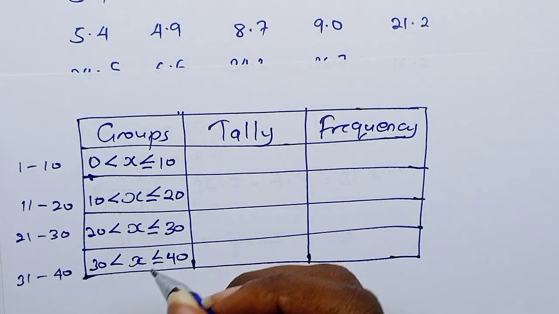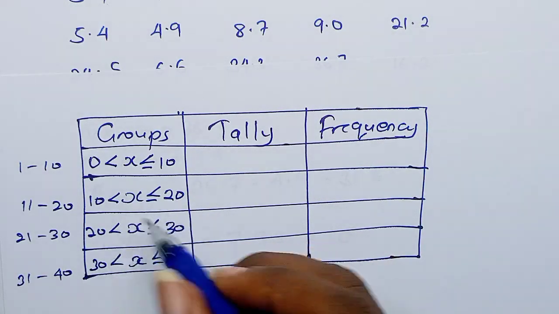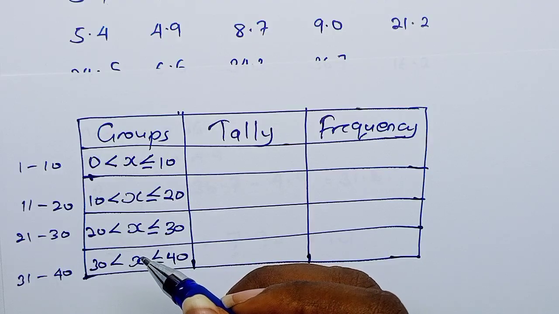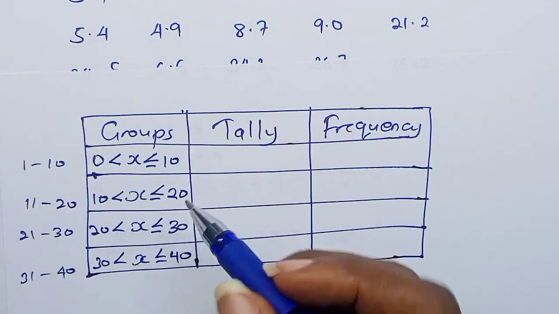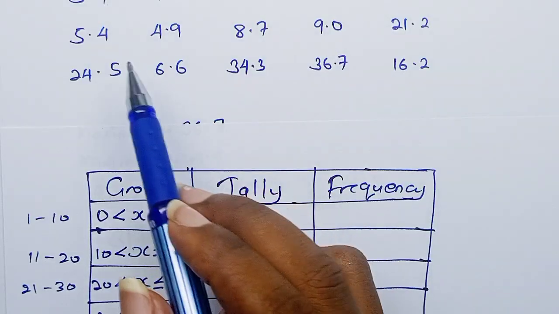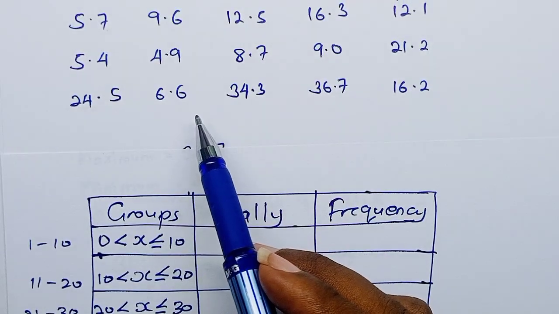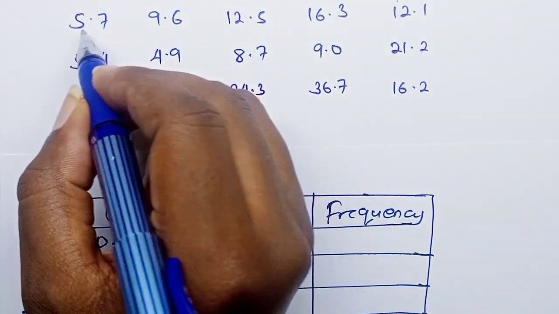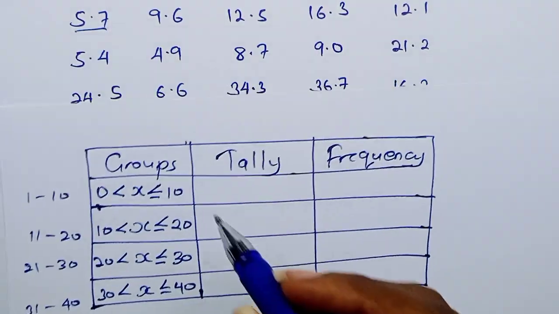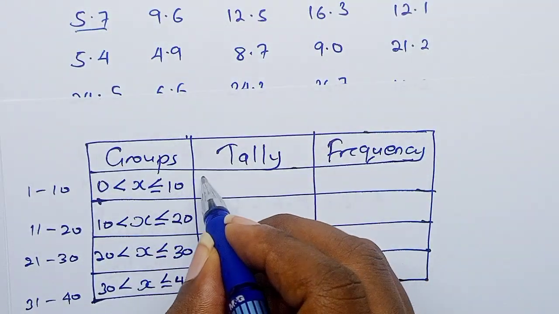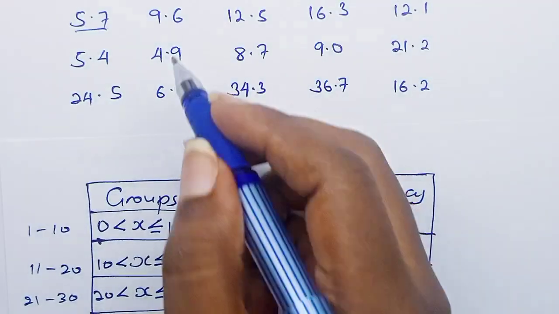After doing that, we need to go through the data and mark off each value with a tally in the group in which it falls. So 5.7 falls in this group. Mark that off.